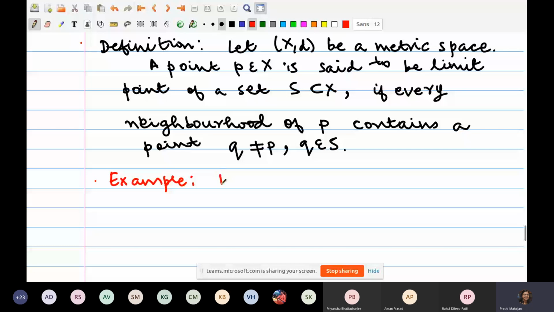I am going to consider the real line with the Euclidean metric, d defined as follows. This is the usual Euclidean metric that I am considering on the set R of real numbers.